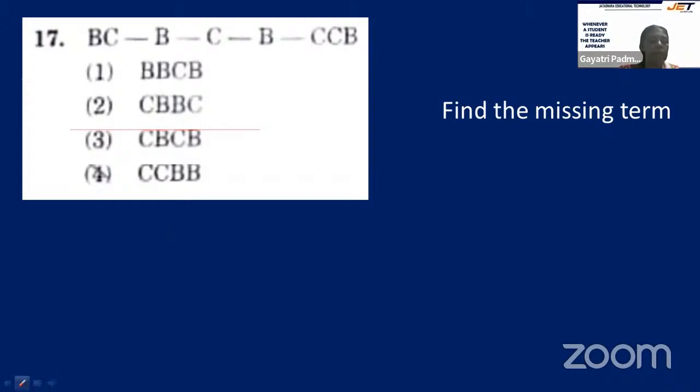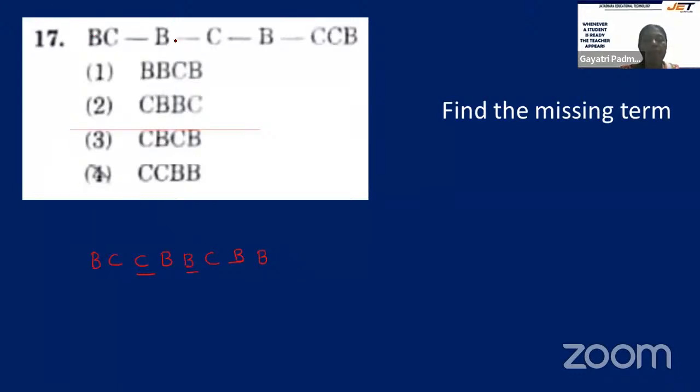Here you have B, C. Next you have B, so here it should be C. Next you have C, so this should be B, because before C it is B. Next you have B, so before B it should be B only.